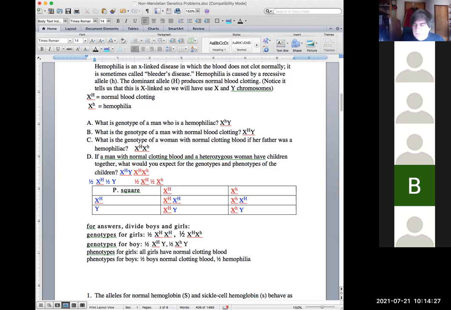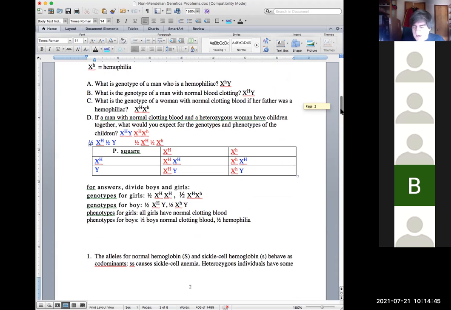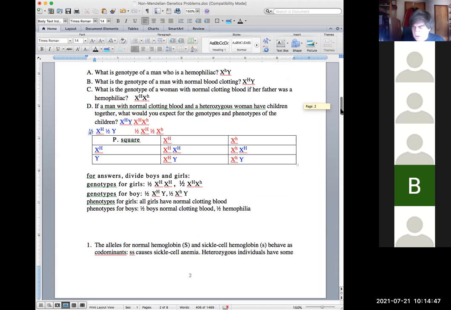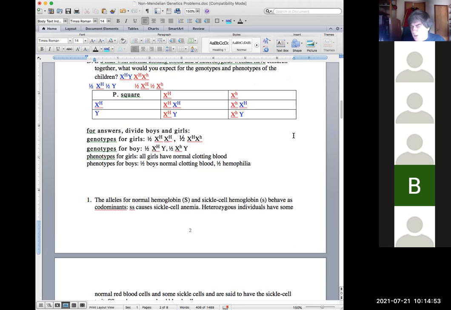If you think about talking to a genetic counselor, they could tell you that 1/4 of your children would have hemophilia. But it would be much more informative if they would tell you, well, all the girls are going to be normal, but half the boys will get hemophilia on average. So you have to divide by gender once we get to the point where we're figuring out the genotypes and phenotypes, and basically work two separate problems.